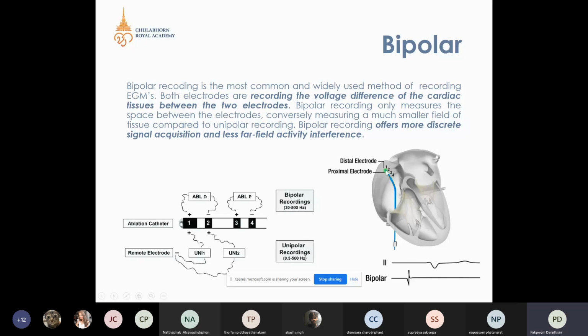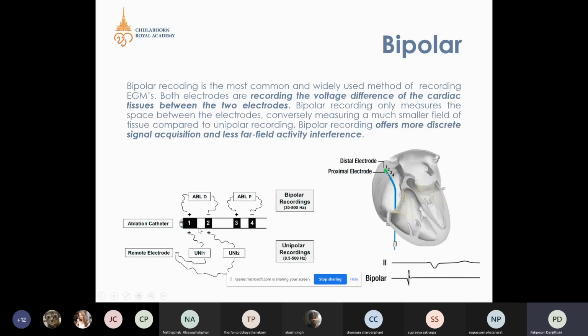The green point here is the area of detecting or recording the electrical signal, because the bipolar works by recording the electrical activity between two electrodes, just like this. The recording will work at the distance here.